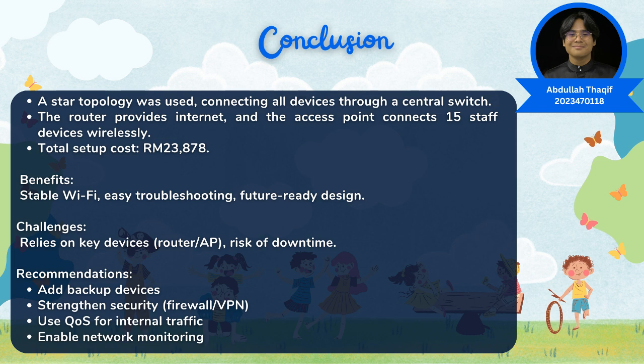It is recommended for the system to add backup devices so that if one of the devices fails, we will have a backup. Secondly, we need to strengthen the security. We can use a firewall or VPN. And the third one, we need to use quality of service for our internet traffic. And lastly, we need to enable network monitoring.